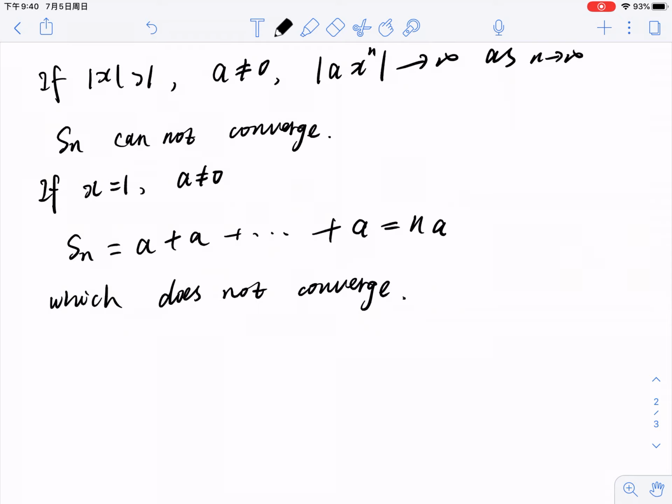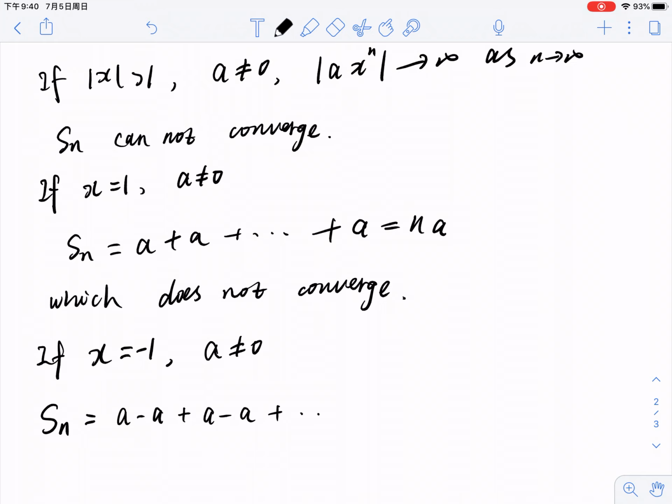Finally, we look at the case where x is negative 1 and a is not 0. Then S n is a minus a plus a minus a, and the next one is negative 1 times a. If n is odd, then the sum is a.